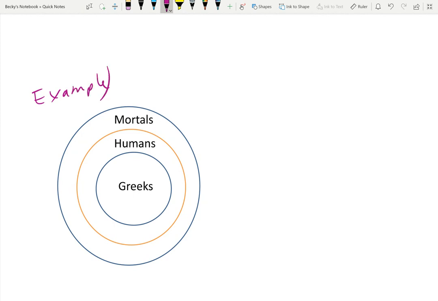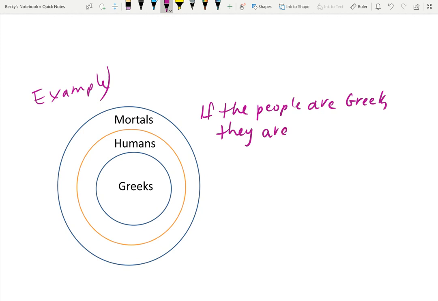Okay, so if the people are Greek, let me rewrite that. If the people are Greek, then they are humans. That's my first sentence, A to B. Now let's do B to C. If they, who's they?